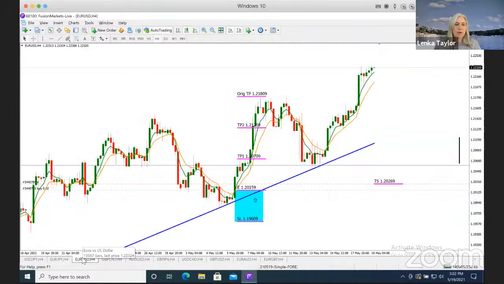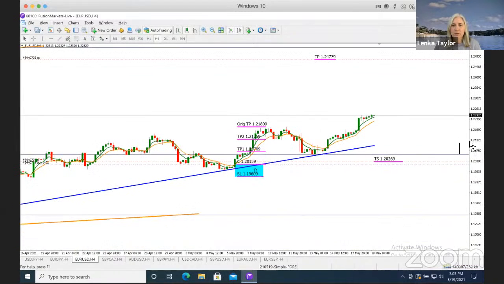Next currency pair I'm going to have a look at is EURUSD. This one is also from a couple of weeks ago, so still looking to hold. Target profit is at the moment up here, just under the horizontal line.